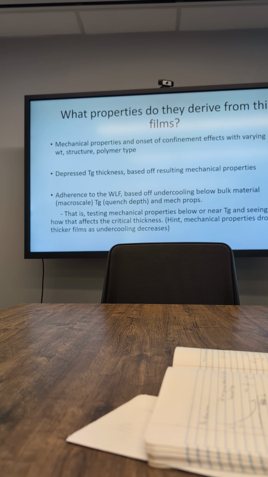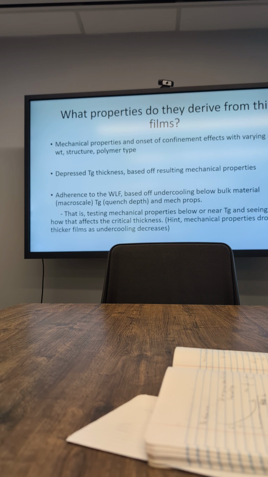What they're trying to gauge is, first of all, when these confinement effects occur and how they dominate the overall properties of the bulk in these polymers. So there are changes in mechanical properties when you decrease the film thickness.